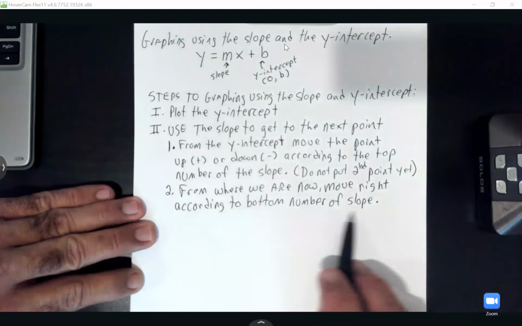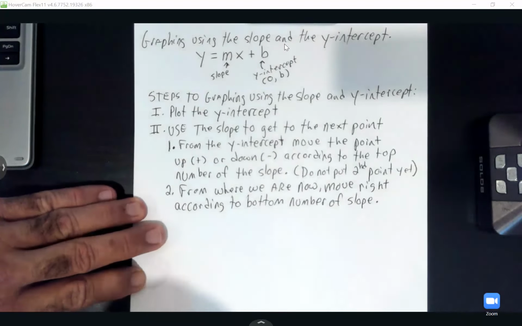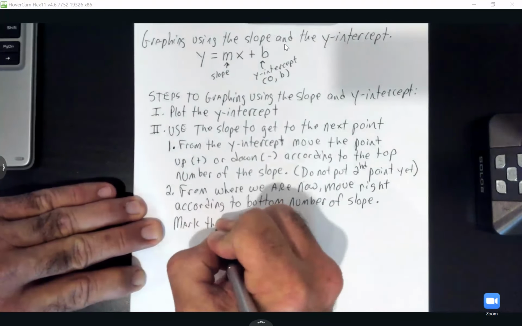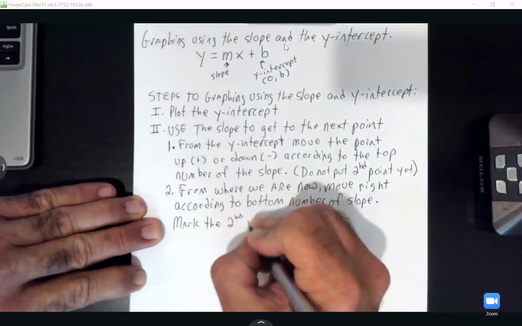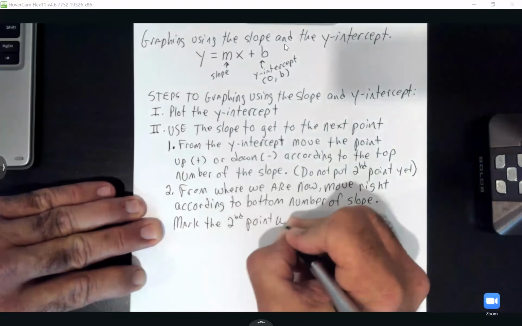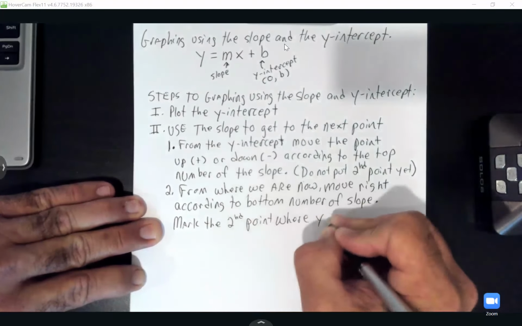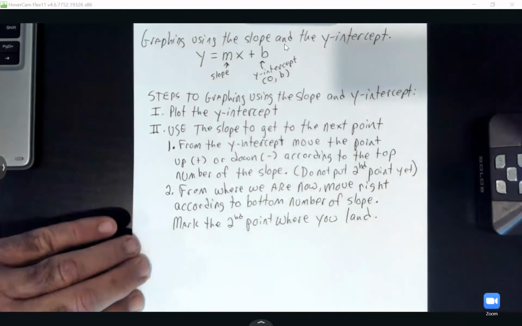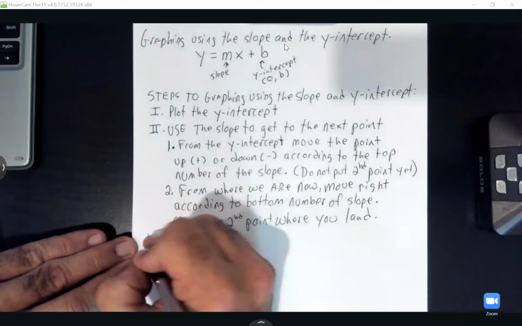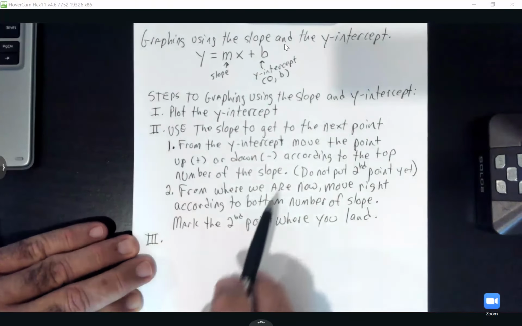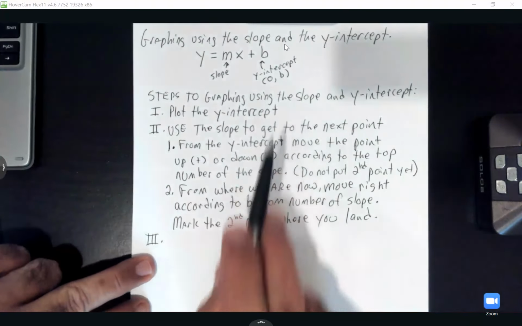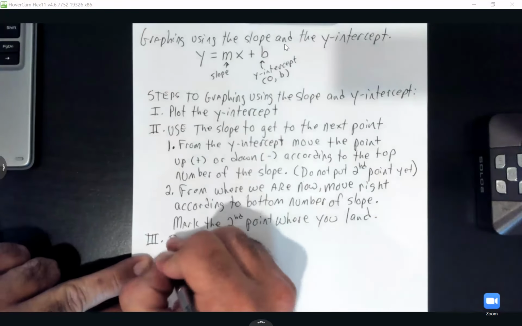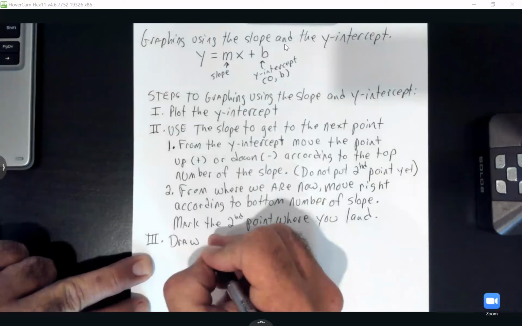Once I go right, then I will mark my second point. Mark the second point where you land. And y'all, then the last thing we got to do, we got our first point from the y-intercept. We got our second point moving the slope. So we will draw a line through the points.